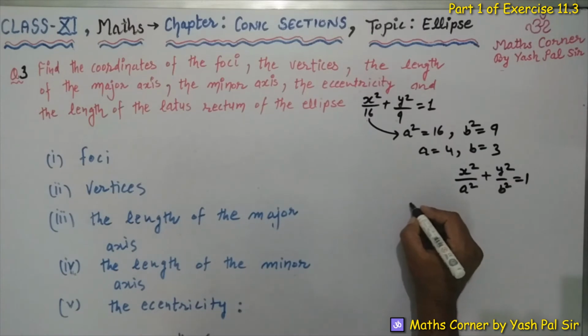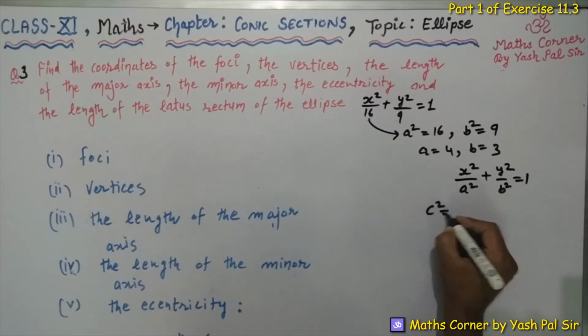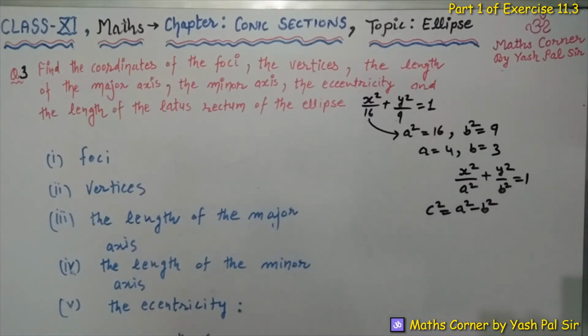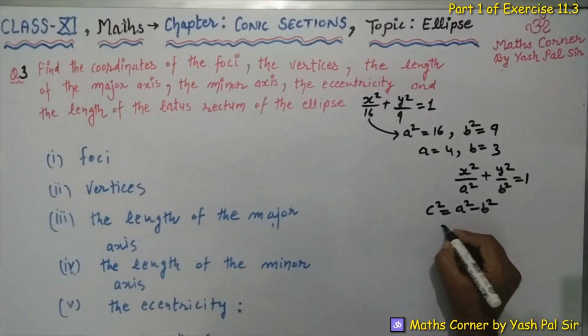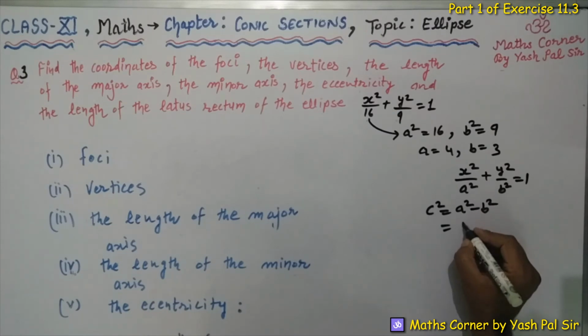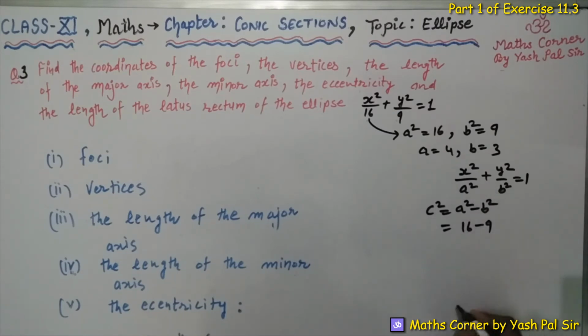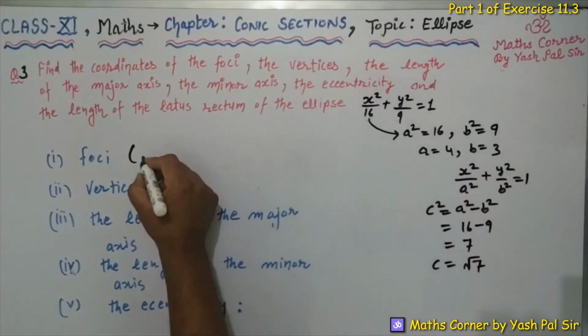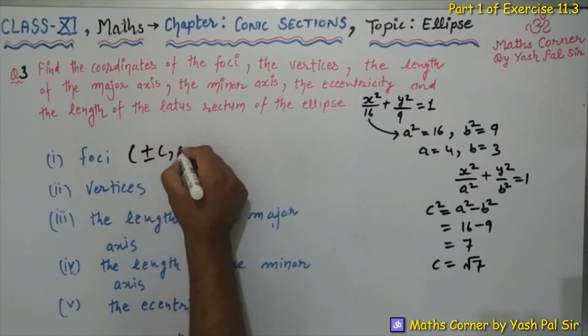Now we can say what is c square? This is equal to a square minus b square. Substituting the value, this is equal to 16 minus 9. So this is equal to 7. Right? Meaning to say c is equal to square root of 7. Now what are the foci? In this case we have plus minus c comma 0.